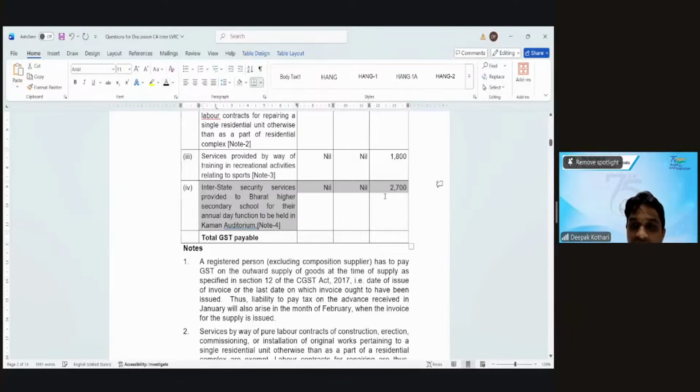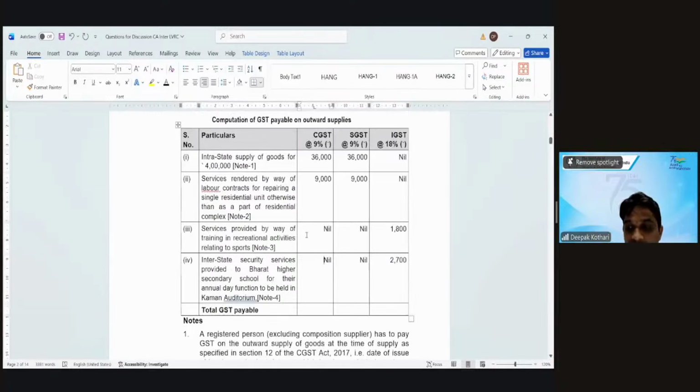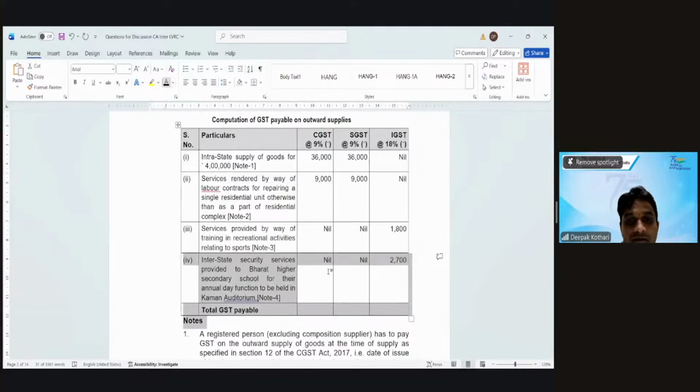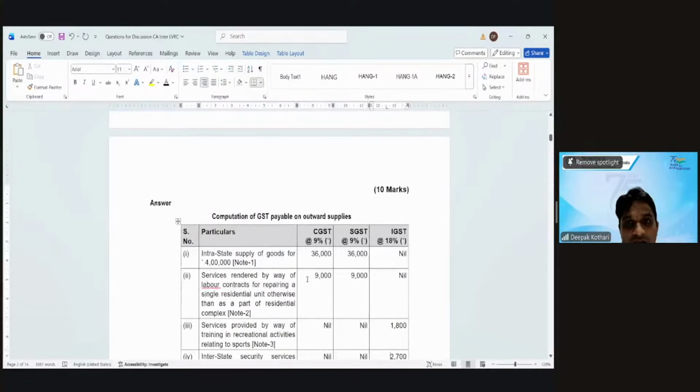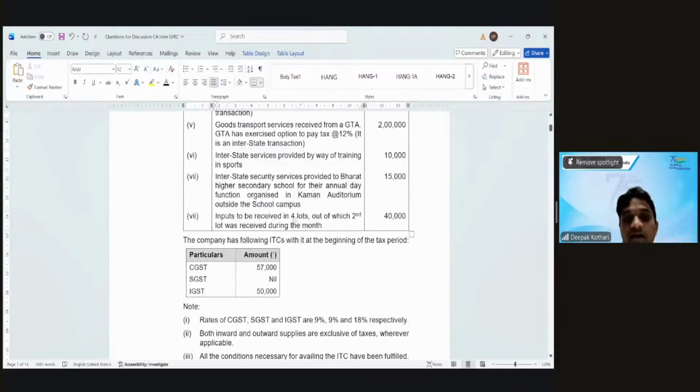I do not get the exemption. So, this is my outward supply. All the points have been considered. Right. This one is still pending.